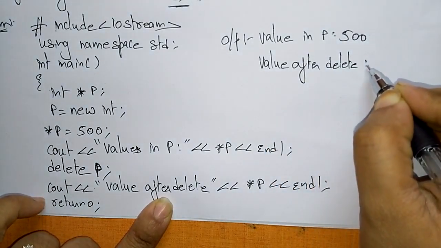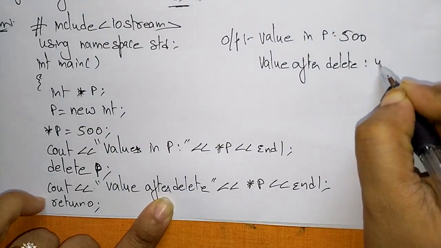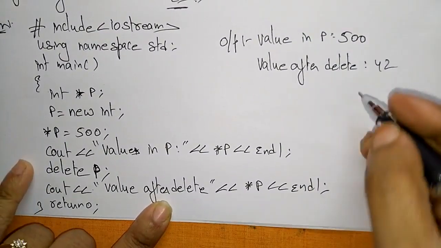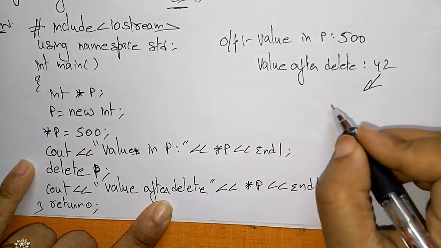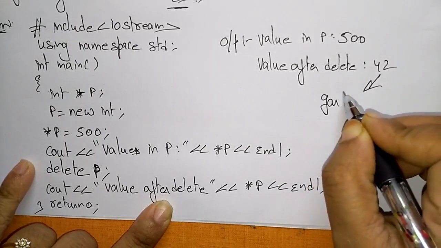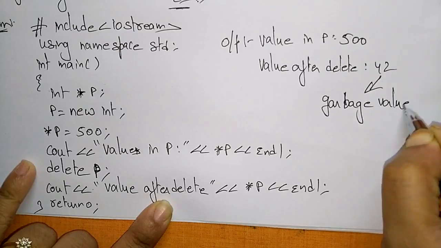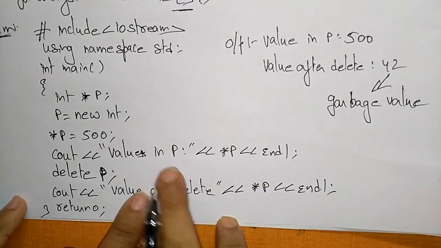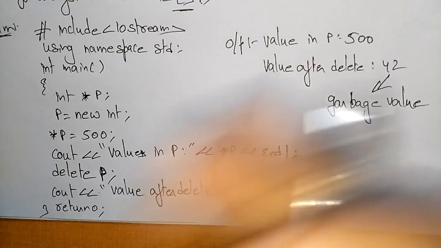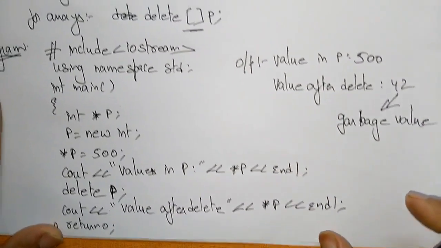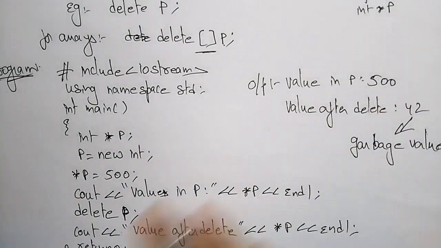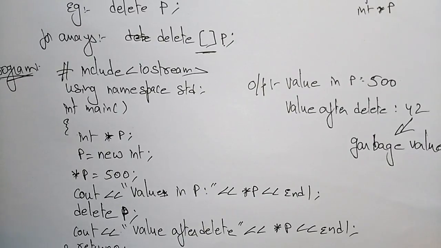It takes the garbage value which the system provides. So the 500 will be deleted and some garbage value will be printed. By seeing this garbage value, we can understand that the memory has been deleted, whatever was allocated.